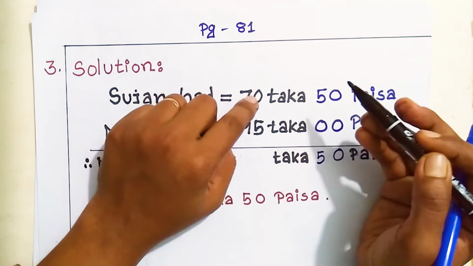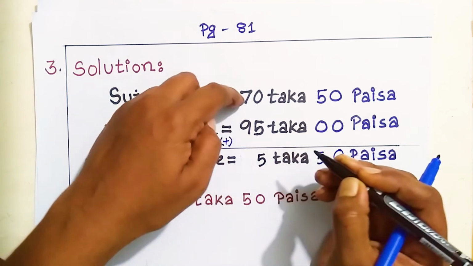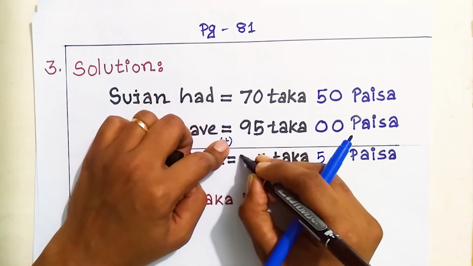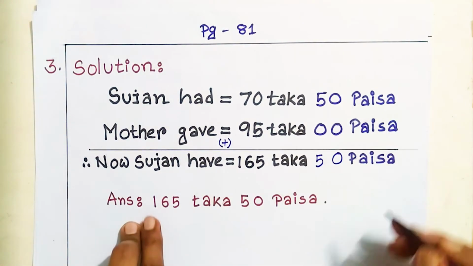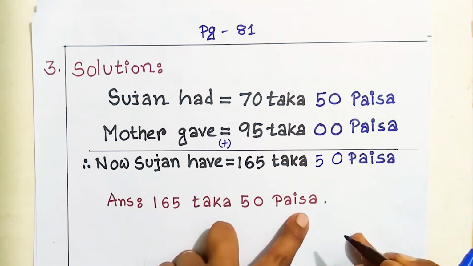And here 0 plus 5 will be 5 and 7 plus 9 makes 16. So the answer will be 165 taka and 50 paisa.